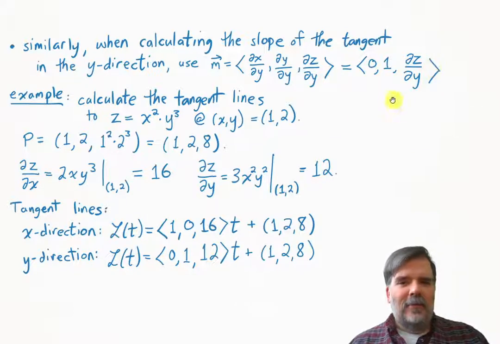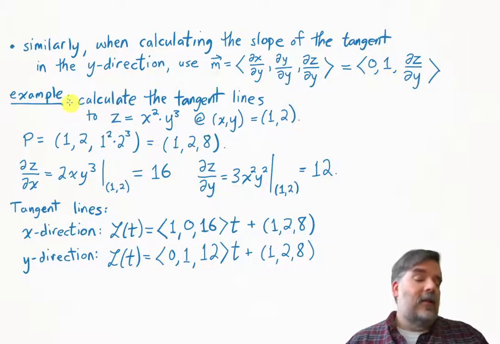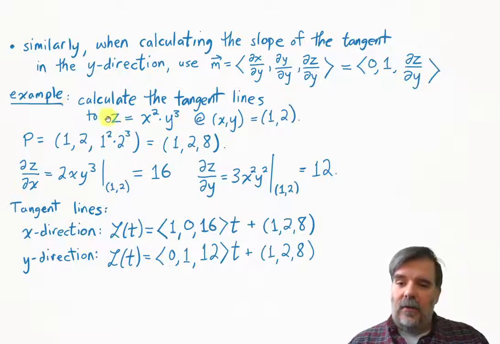Let's do an example to make these abstract concepts more concrete. Let's say we'd like to calculate the tangent lines for this function z equals x squared times y cubed at the point x comma y equals 1 comma 2. To calculate the equation of a tangent line, we need the point on the line.